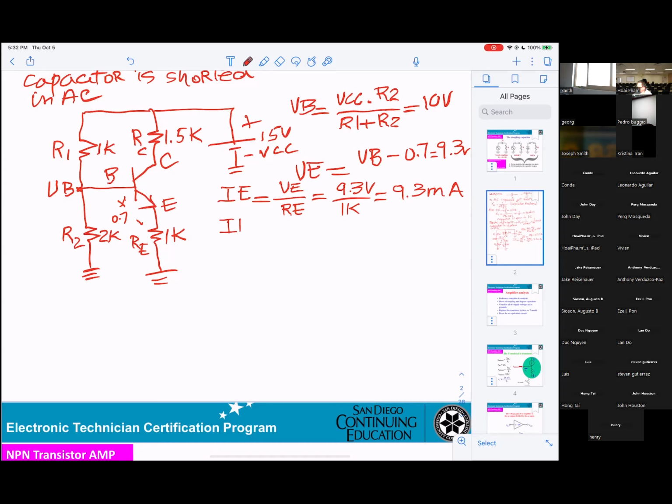And then I want to calculate the IB. Just tell me the formula. IB equals IE divided by beta plus 1. Try looking back at the past. You get IE, and I want to know the IB.